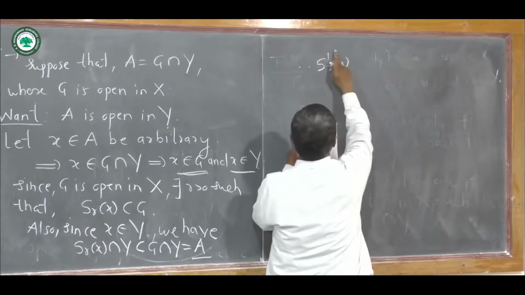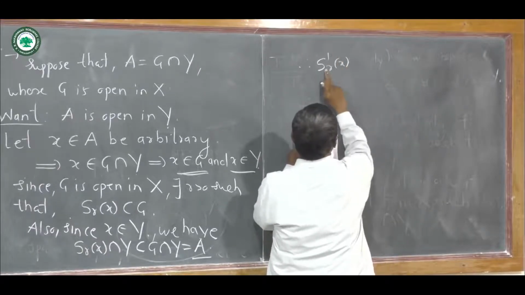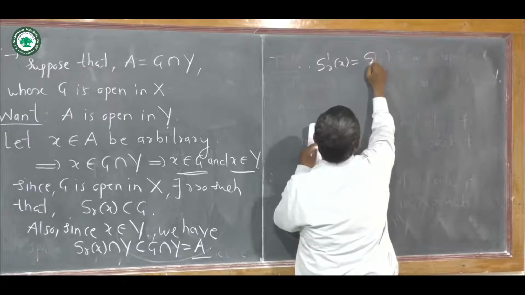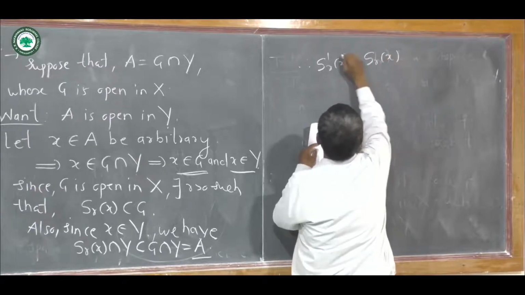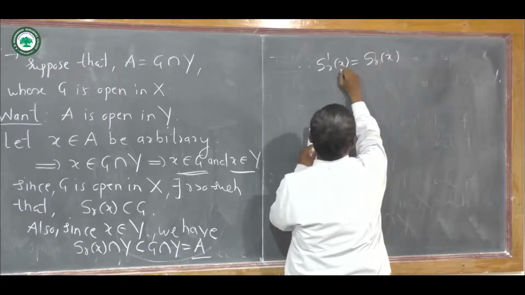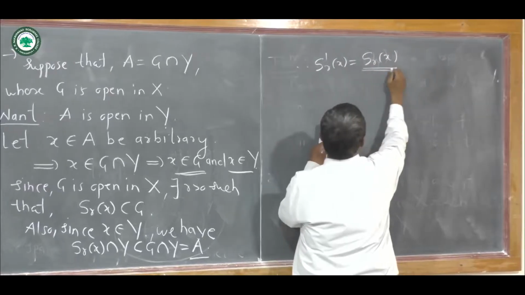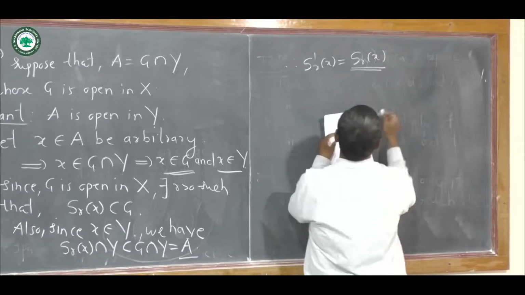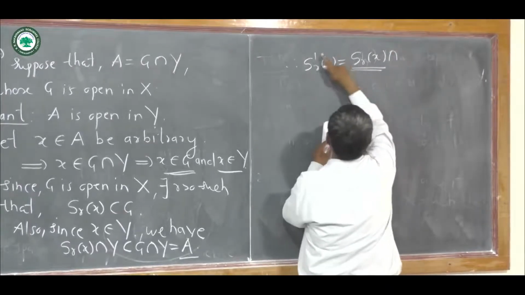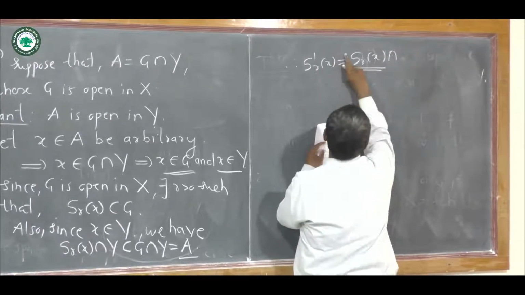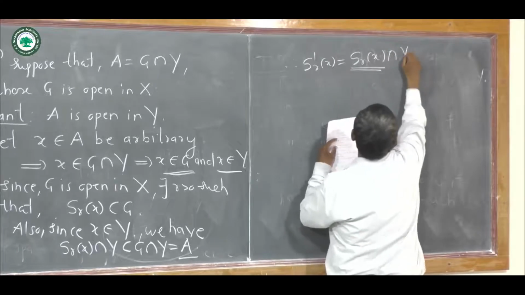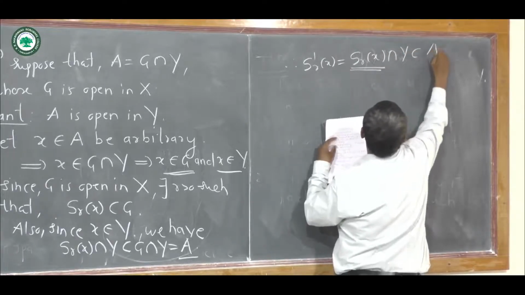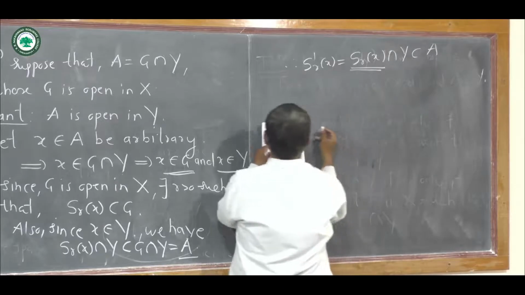Here we are using this notation for the open sphere in the subspace, while S_r(x) is the open sphere in the space (X, d). So S dash r(x), which is equal to S_r(x) intersection with Y, is contained in set A.